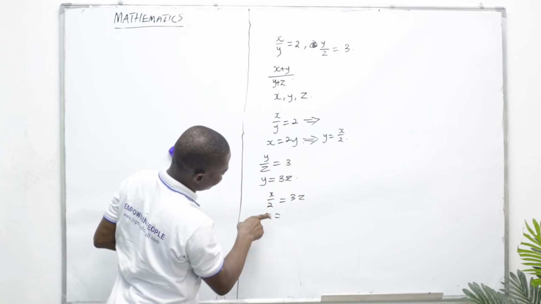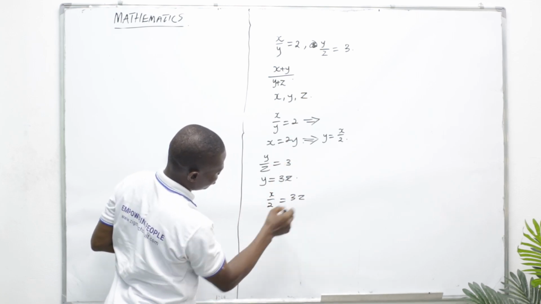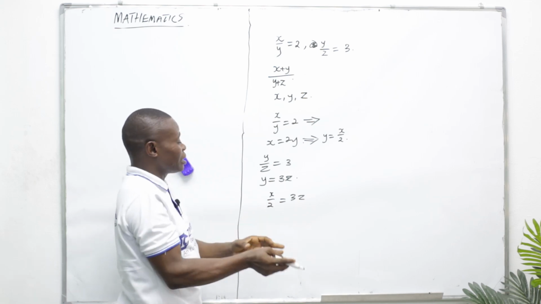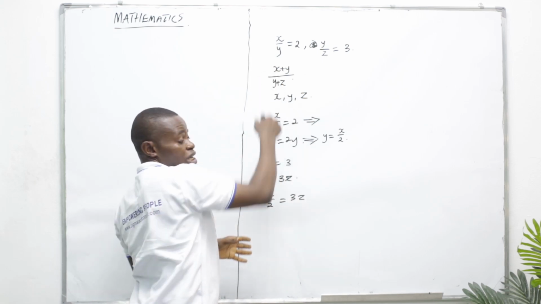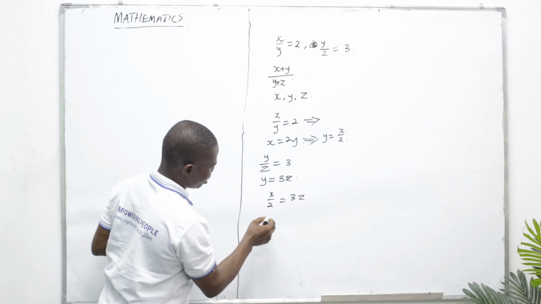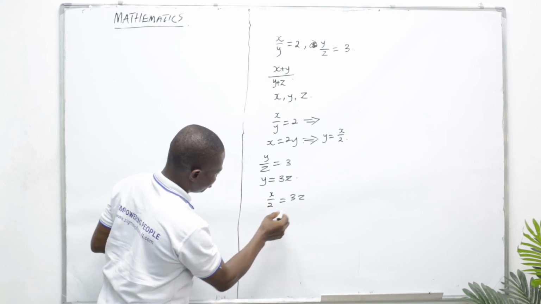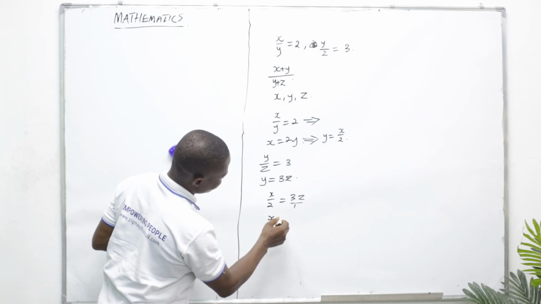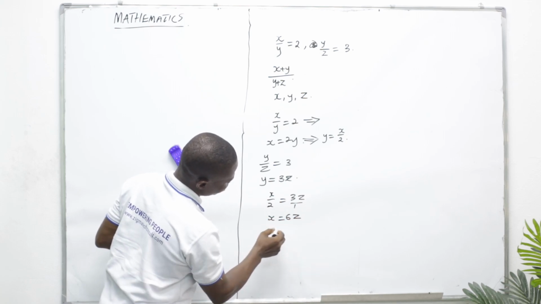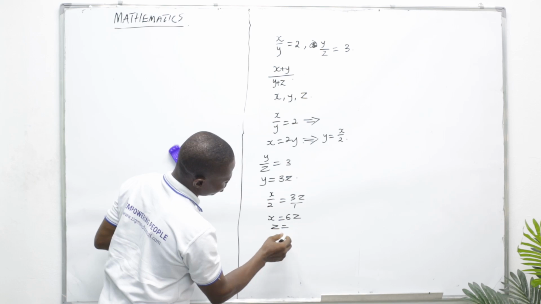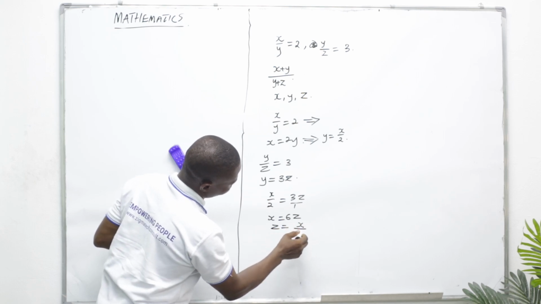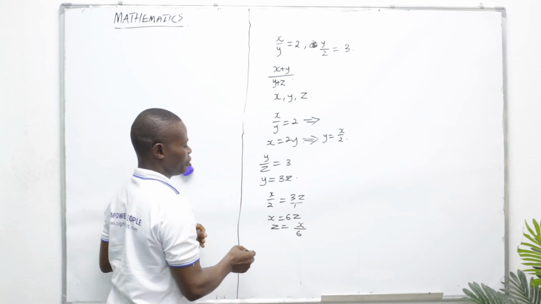Okay, we have x before. Let us try to work with z. So we can have value assigned to each of the variables given in the question, so that from this point, this is over 1, x equals 6z. So that z will be what? x all over 6.